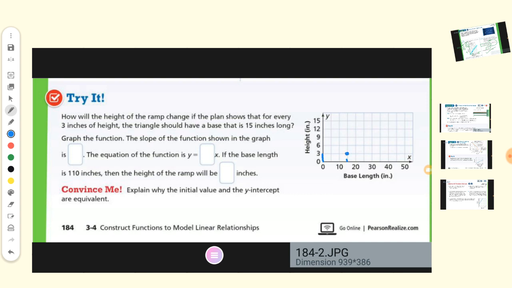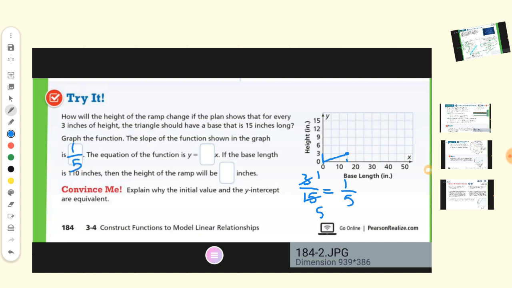Then graph the function. The slope of the function: as you see here, I have a line in this form. The slope is constant because we start from 0, so it's y over x. Y here equals 3, so it's 3 over 15, which, divided by 3, is 1 over 5. So the slope is 1 over 5.